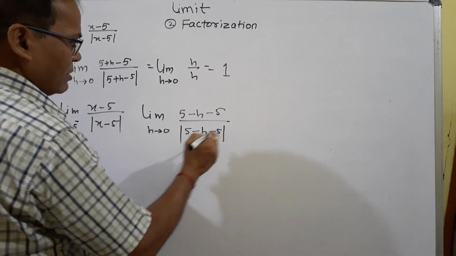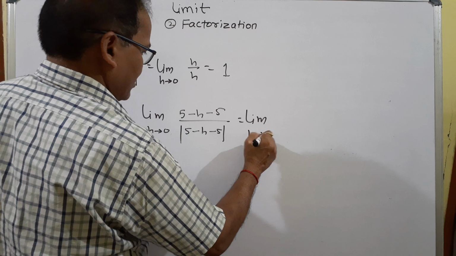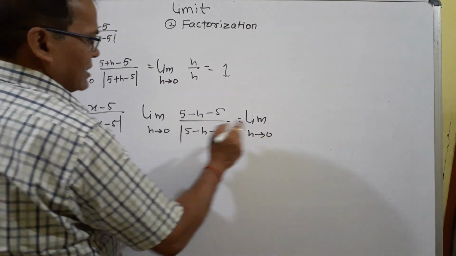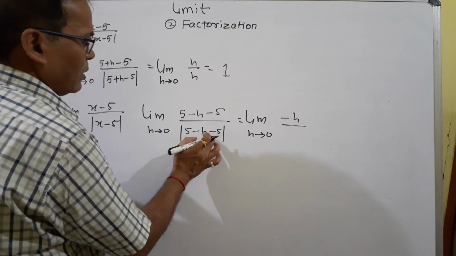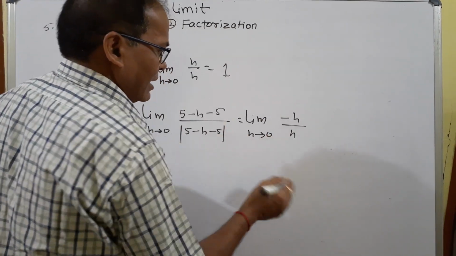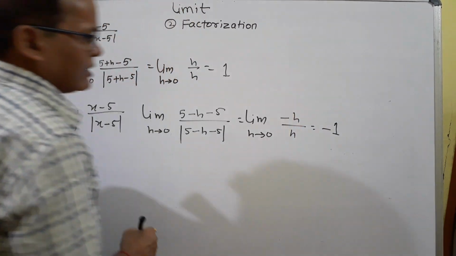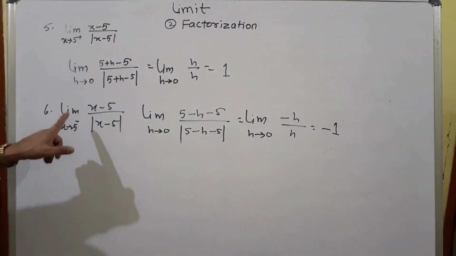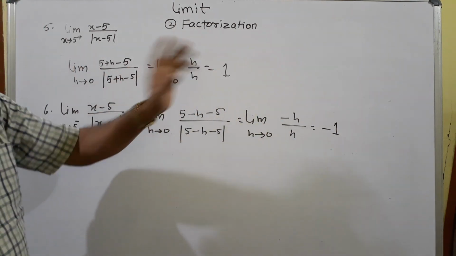The 5s cancel: minus h divided by the absolute value of minus h, which is h. So you will get minus 1. This result is given as minus 1, and the earlier result is plus 1.